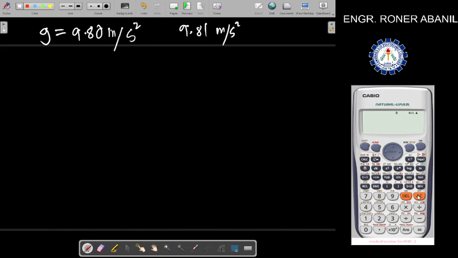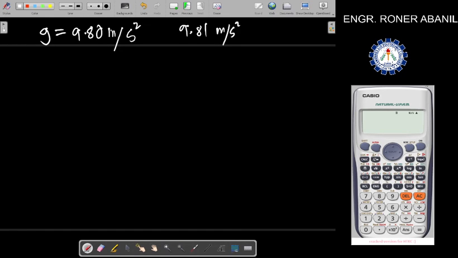Hindi rin. Ay, ayun. Shift 7, 35. So, ayan. 9.80665. So, pag nakalimutan nyo yung constant ng g, punta lang kayo sa calculator nyo. Shift 7, tapos number 35. Yun. Acceleration due to gravity.